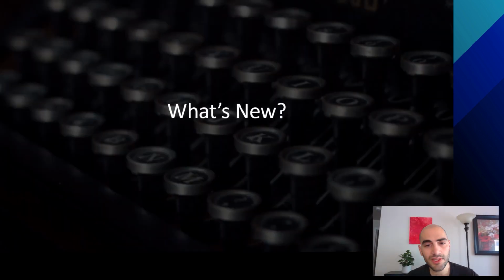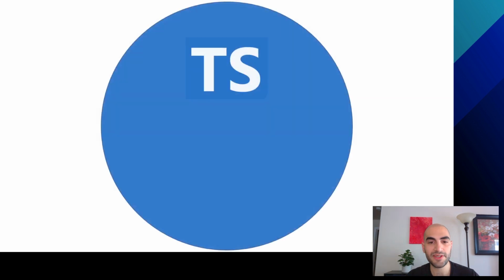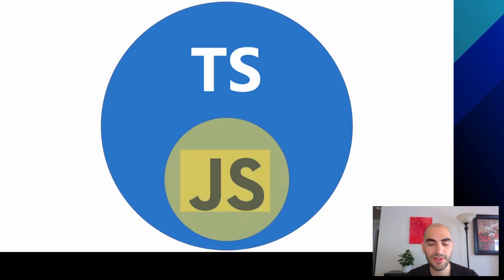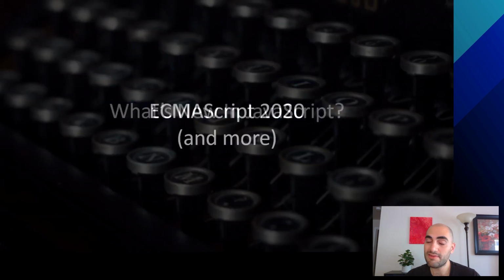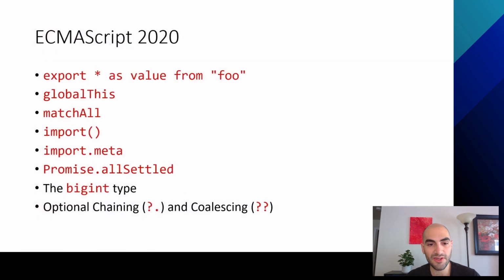So what's new in TypeScript? Well, to answer what's new in TypeScript, you actually have to also answer what's new in JavaScript, because, like I mentioned, TypeScript is a superset of JavaScript. But that means a lot of stuff, actually. In ECMAScript 2020, which got standardized over the last year, a lot of new features came in.